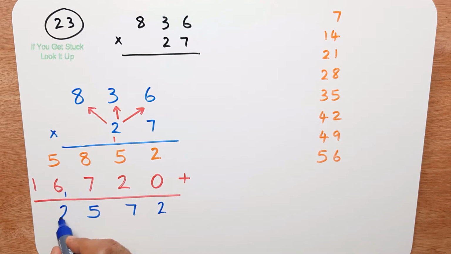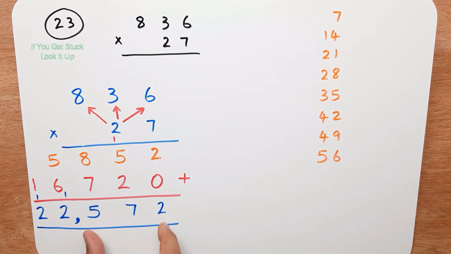So I put the 2 down and I carry the 1 over. 1 plus 1 is 2. And that is the calculation. 1, 2, 3, comma. So this is thousands. So it's 22,572.